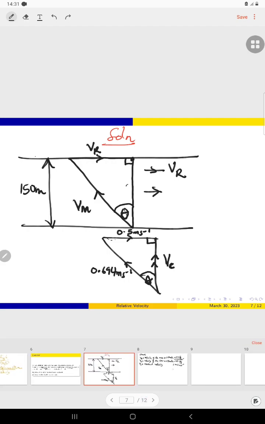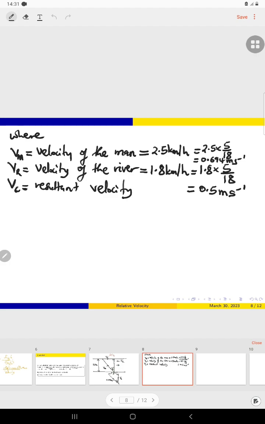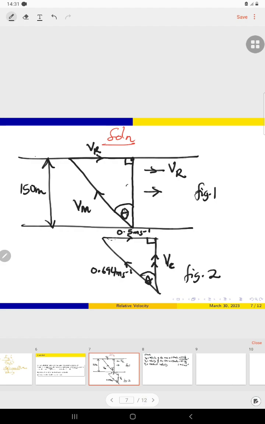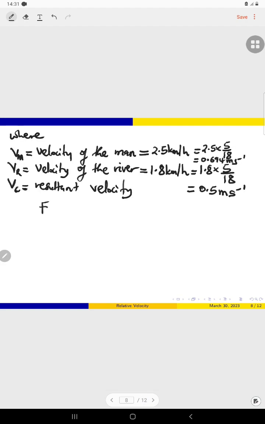So sine, okay? So you can say that, let me call this figure 1, figure 2, okay? So I can say that from figure 2, sine theta is what?